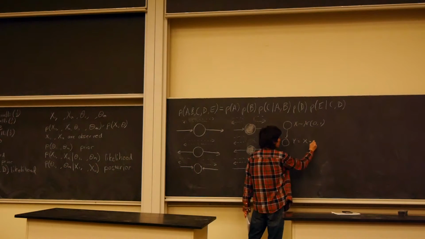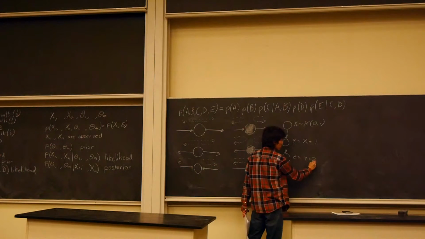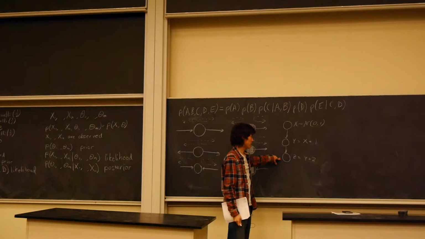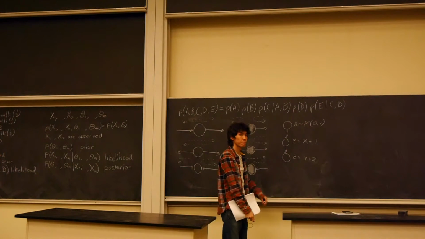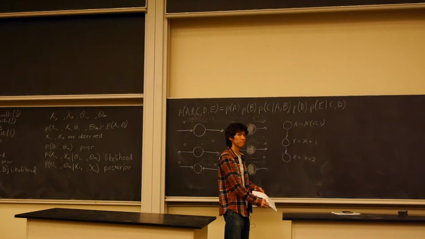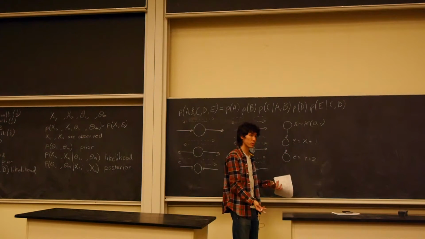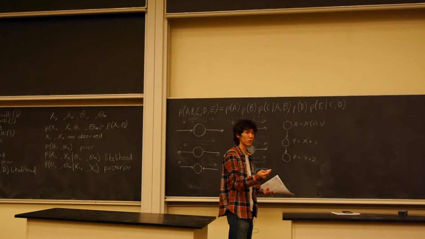Y is equal to X plus 1, let's say. And Z is equal to Y plus 2. Is X conditionally independent of Z? No, not necessarily, because if you haven't observed X, then you haven't observed Y either, right? So the shading only tells you which variables you've observed.